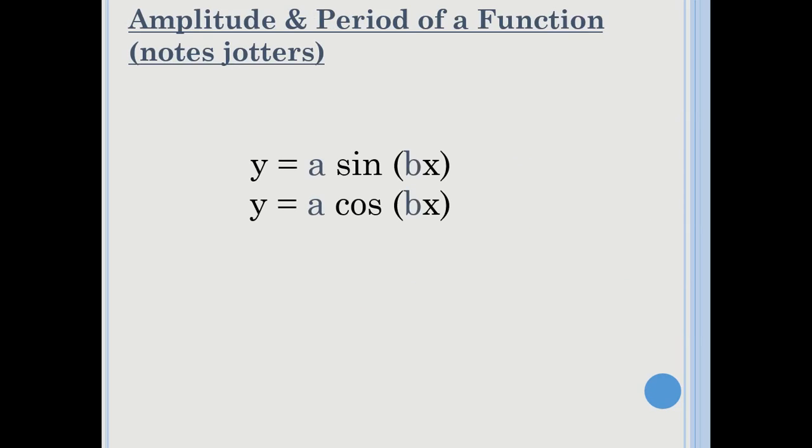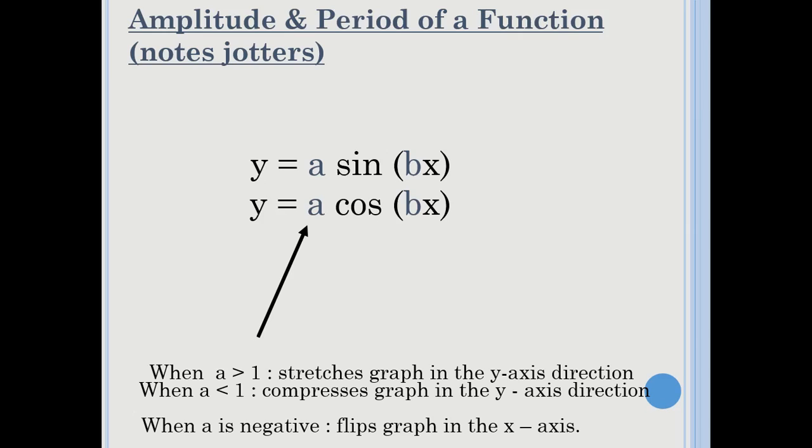So what we can see then is, instead of writing just y equals sine x and y equals cos x, we can say y equals a sine bx and y equals a cos bx, where a and b are numbers. The a affects how much the graph is stretched or compressed in the y direction.